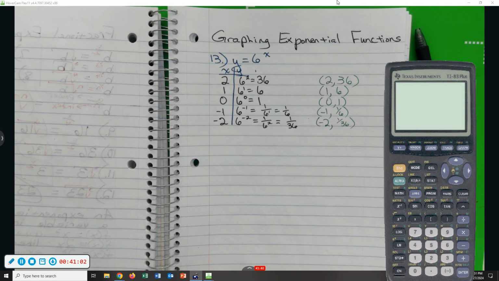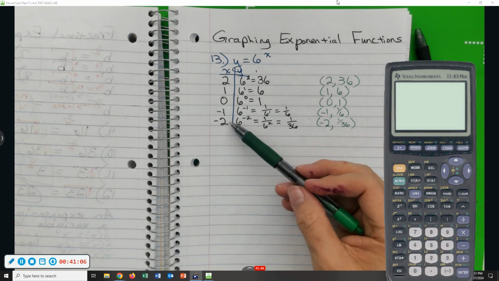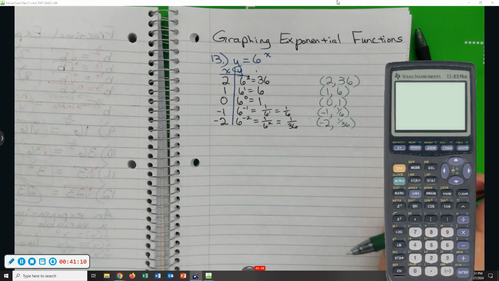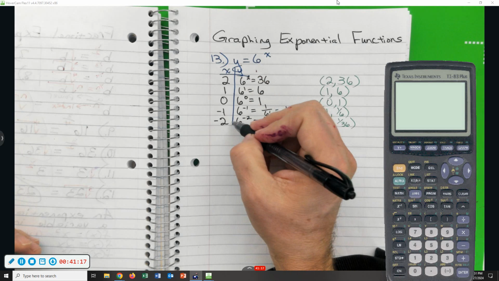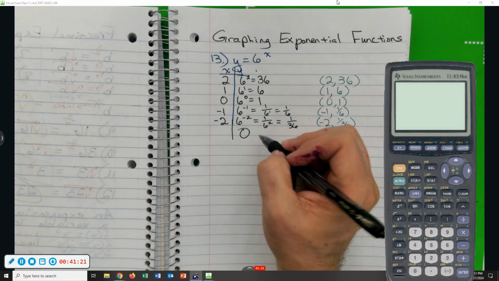Well, I have a question. These y values are getting smaller. As the x values get more negative, the y values are getting smaller. Will they ever become negative? Will we ever have an x value that'll make that y value equal 0 or be negative?